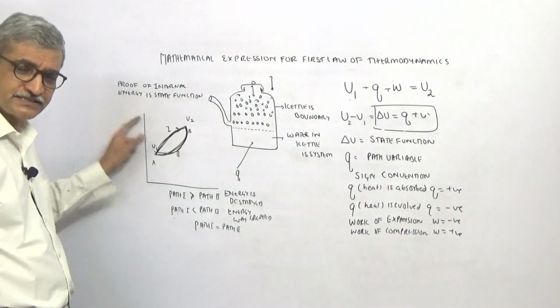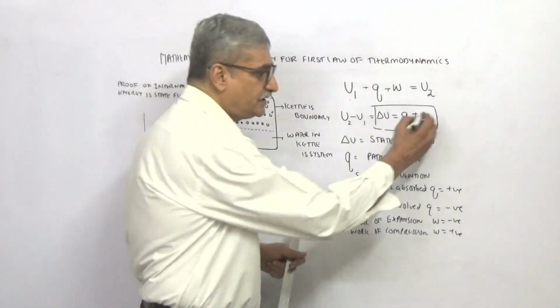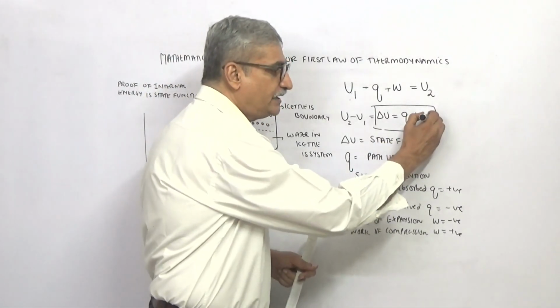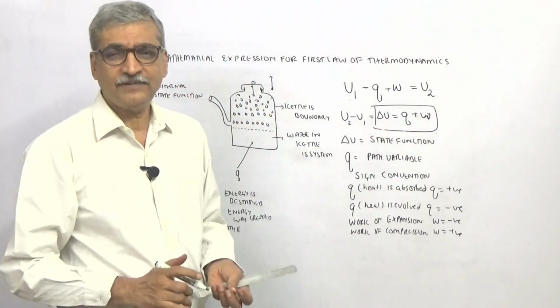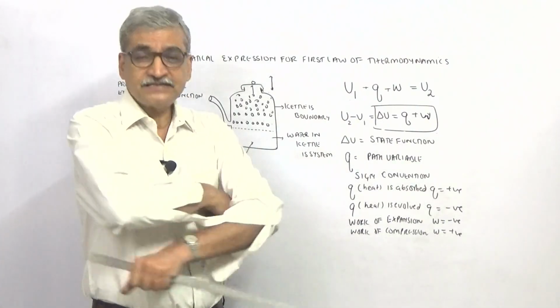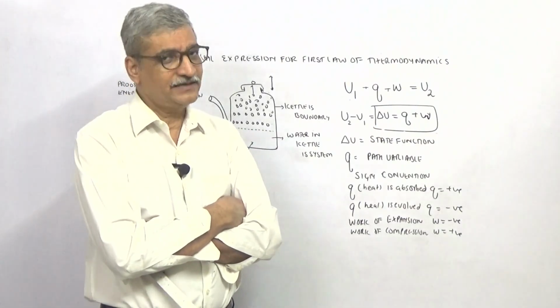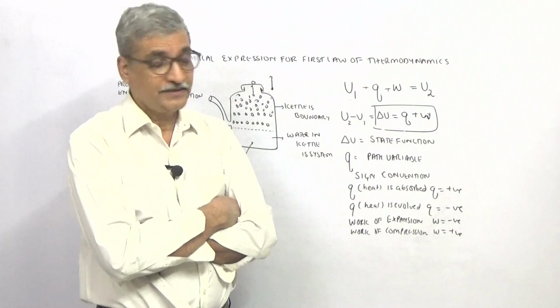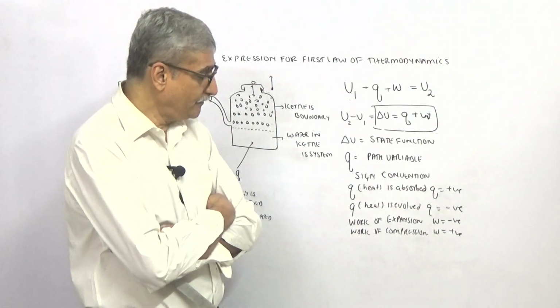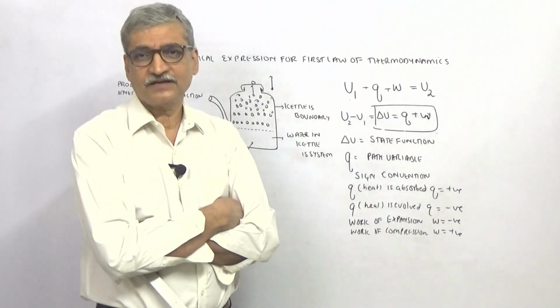But Q and W are not state functions, they are path variables. And the sign convention: if heat is absorbed, Q is positive. If heat is evolved, Q is negative. If work of expansion, work is negative. Work of compression, work is positive.